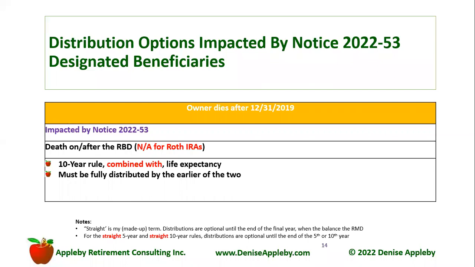Mom died in 2021, age 94, was taking RMDs and took RMDs in 2021. Adult son named as beneficiary. I know son must take annual RMDs over 10 years, but can he wait to take his first RMD until 2023 because of Notice 2022-53?